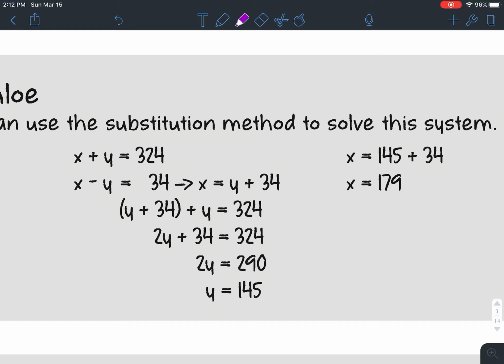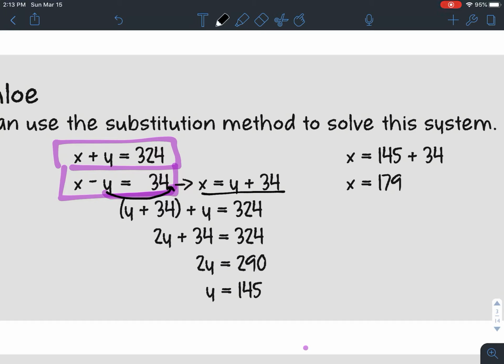You have X plus Y equals 324 is the first problem she's going to use. So what she ends up doing, she uses a second problem, which is right underneath it, the X minus Y equals 34, and turns it to be X equals, so she moves the Y over to the other side. So if you notice, she adds the Y to each side to come up with it looking like this.